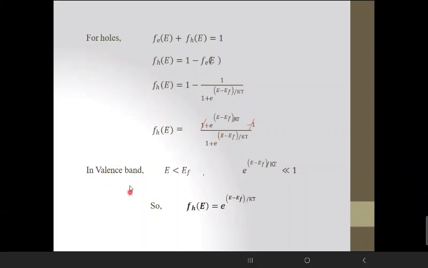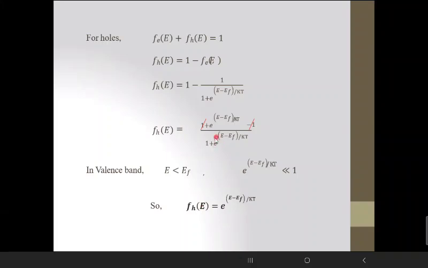But in the valence band, because you are talking about holes, the condition is E less than EF. E less than EF means this term becomes negative. If this term becomes negative, when you take it upside, this term becomes positive. So exponential of (E minus EF) over KT is very much less than 1.